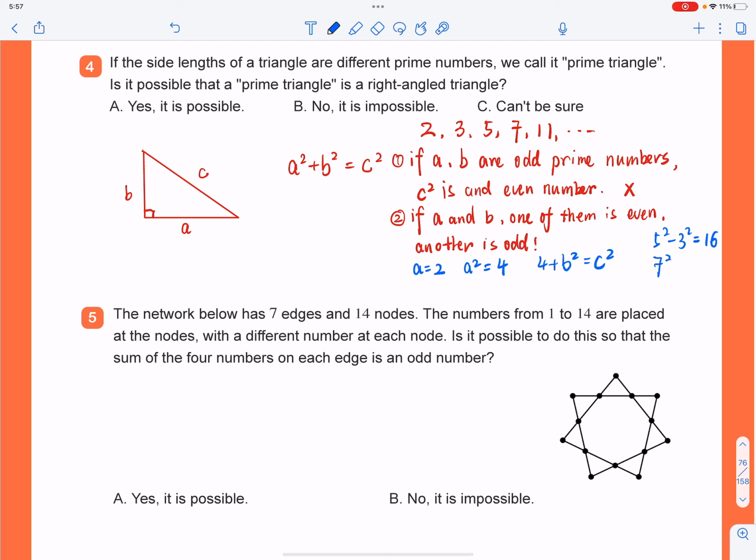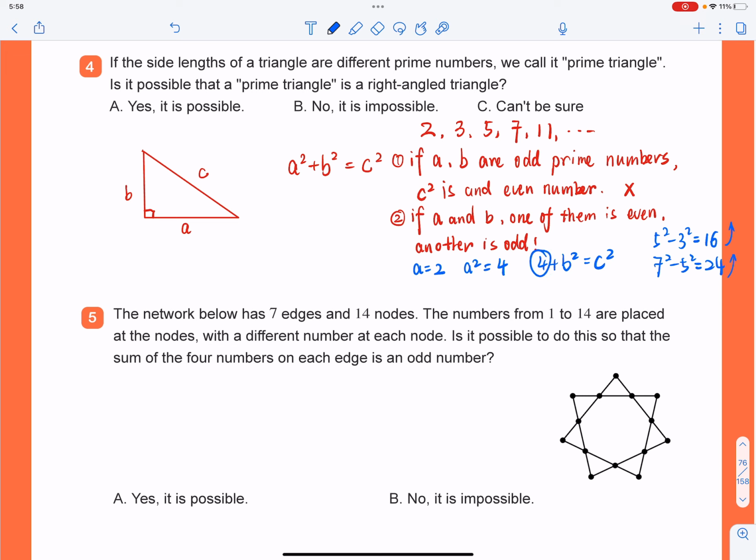If you try 7 squared minus 5 squared, you'll find that equals 49 minus 25, which is 24. You find that the difference of these adjacent odd prime numbers' squares is getting bigger and bigger as you choose larger numbers in this sequence. So that means it's not possible to get a difference equal to 4, right?